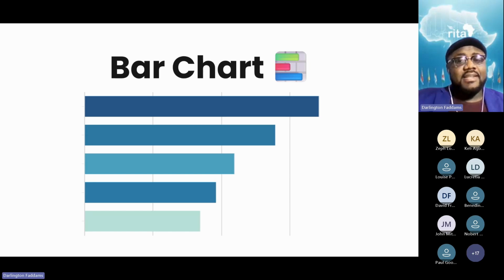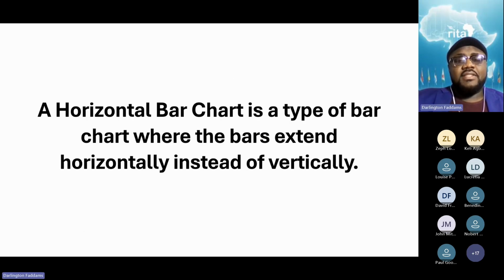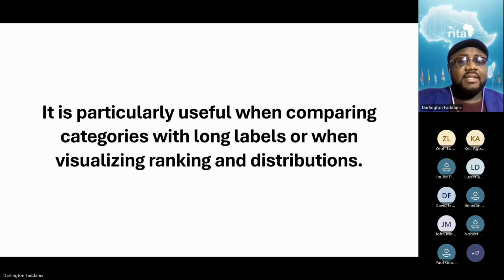But technically, bar chart refers to the horizontal bars. So a horizontal bar chart is a type of bar chart where the bars extend horizontally instead of vertically. They are particularly useful when comparing categories with long labels or when visualizing ranking and distribution.